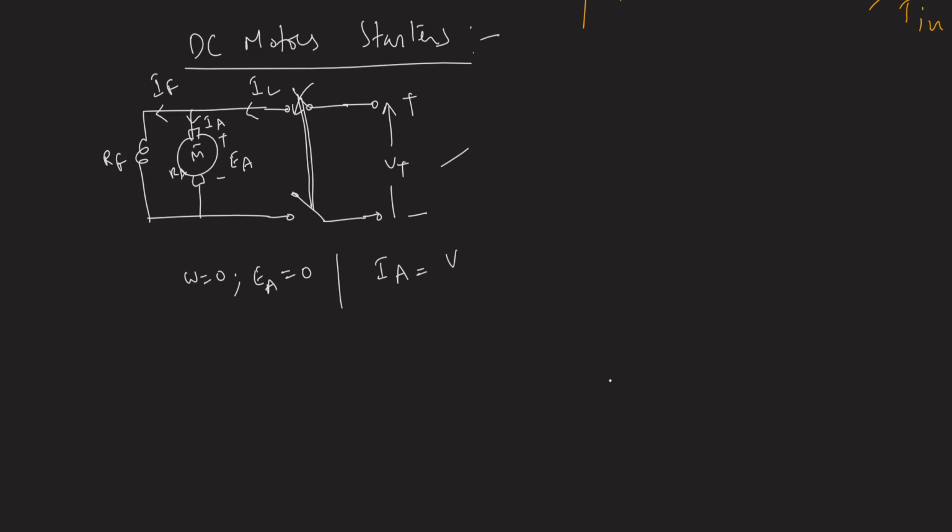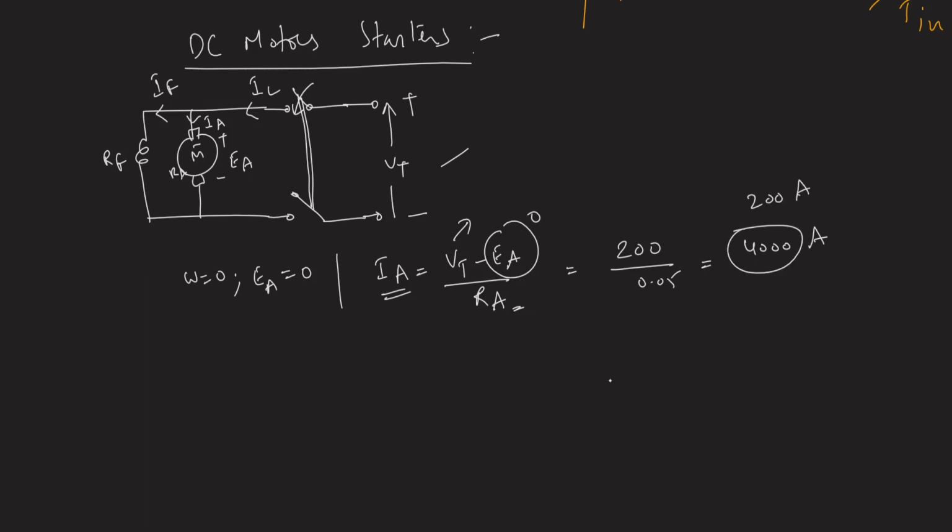Armature current is given by Vt minus Ea divided by only the armature resistance, because this component is 0 and this is the full rated voltage, right? If I take the rated voltage as 200 and this resistance is very fractional, 0.05 something like that, it will go to a tremendous value. It comes to 4000 amps, right? Normally the rated current would be somewhere around 200 amps, so this is almost 20 times the rated current, right?